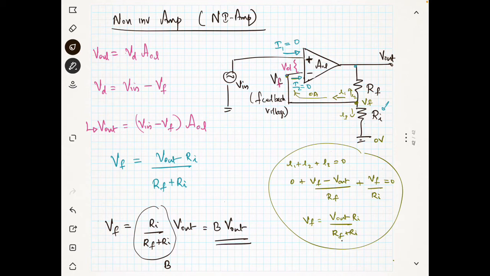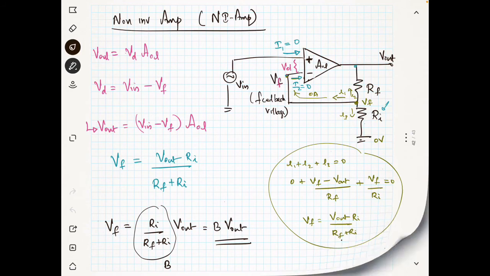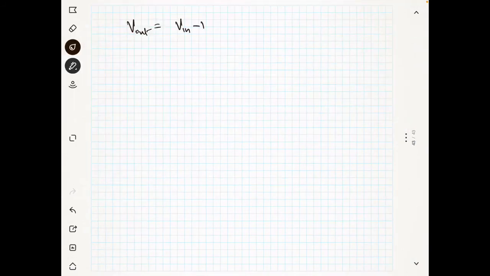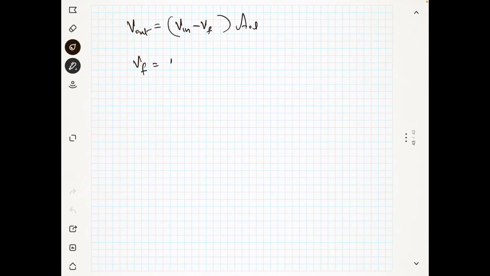Now I am going to write down the equation. My V out is equal to V in minus VF into AOL, and my VF, we have got it, it's beta or B into V out. So V out is equal to V in minus B into V out into AOL.